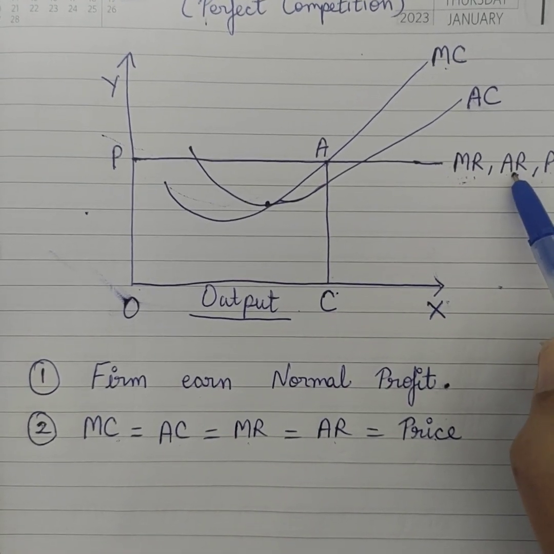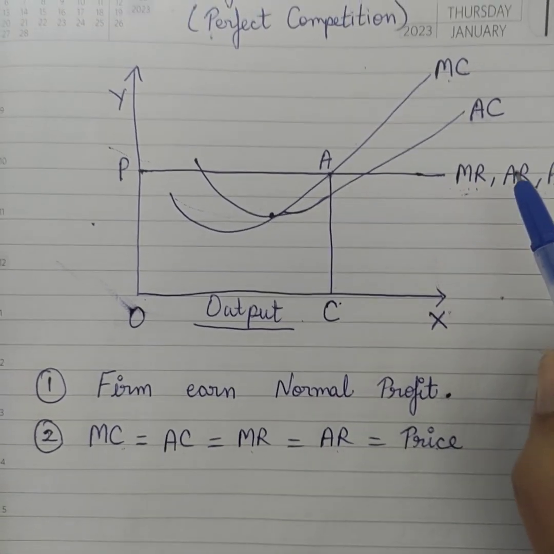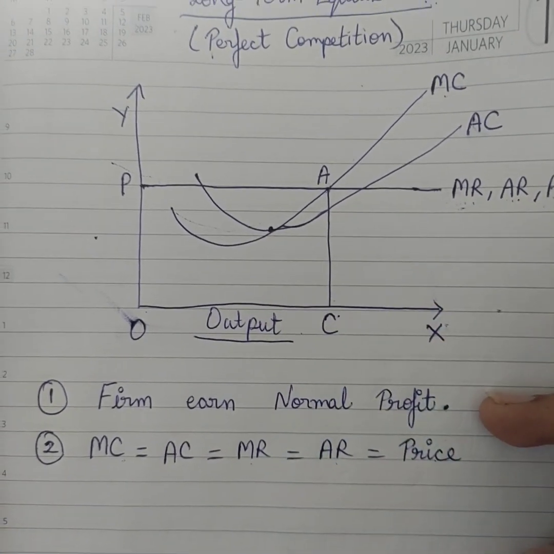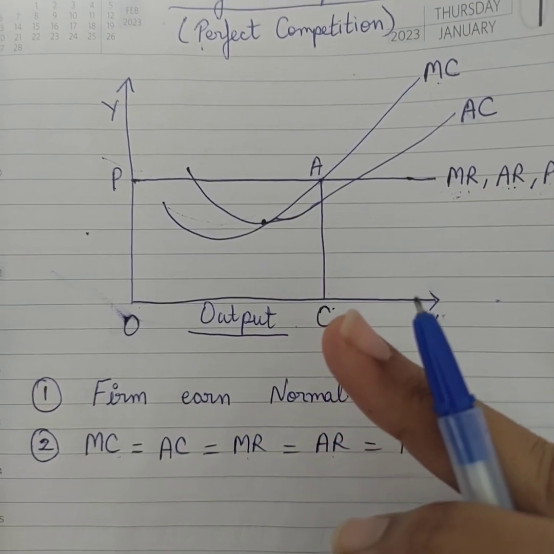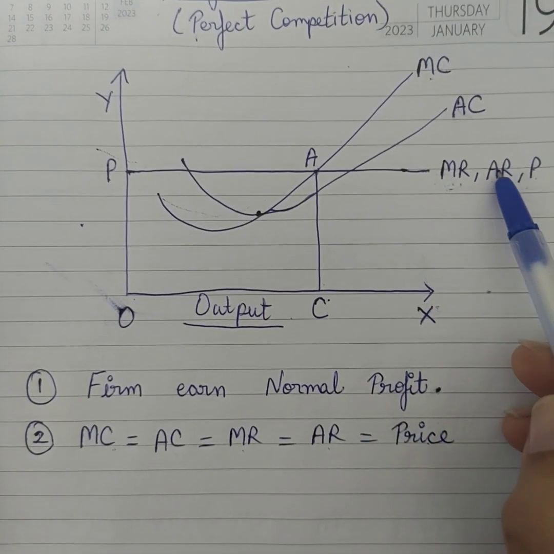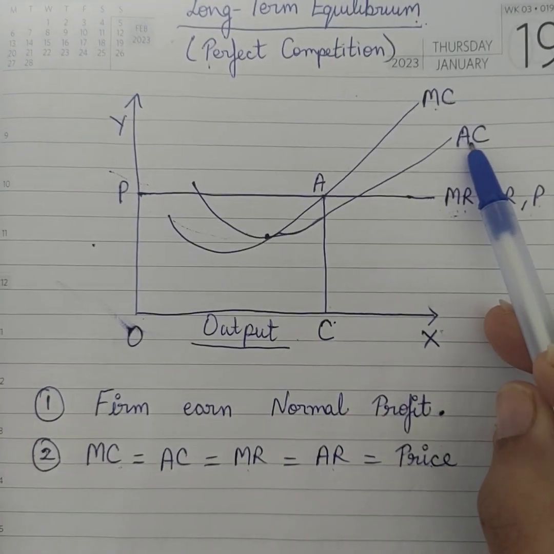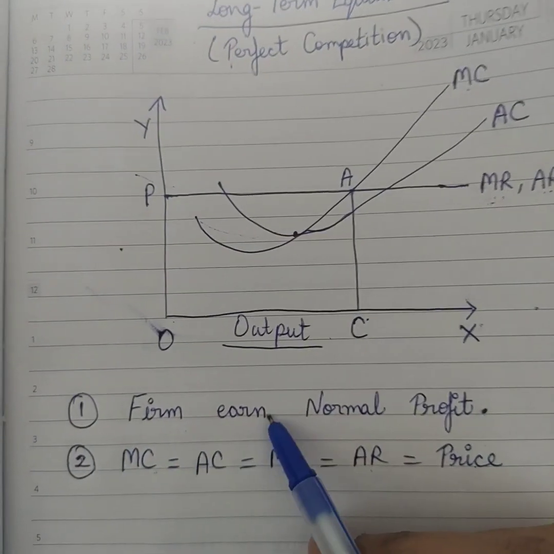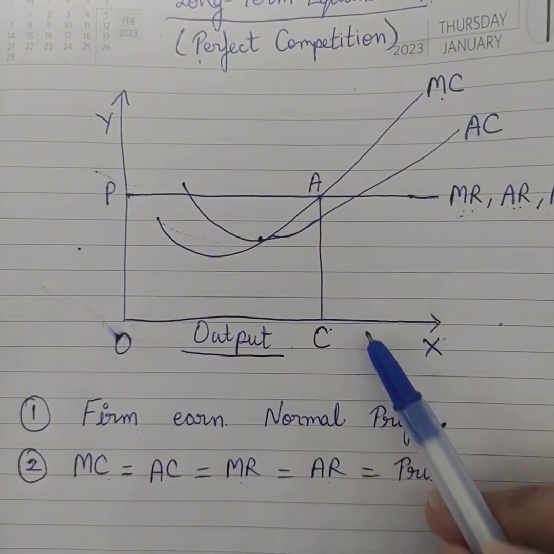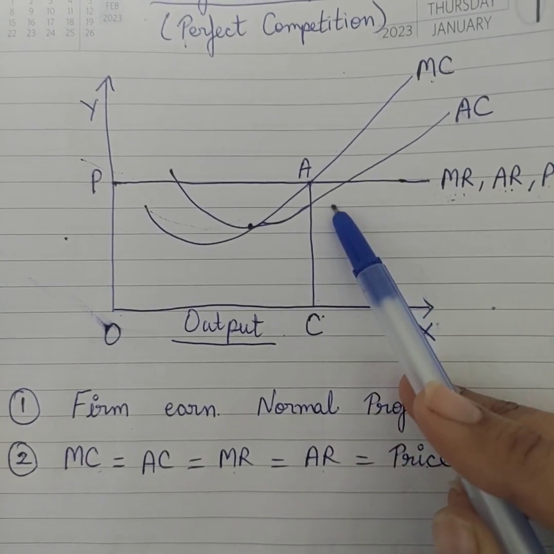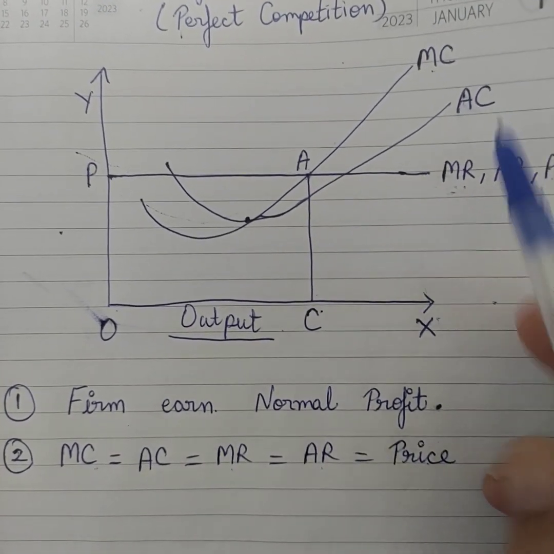And in normal profit, as I told you earlier, average revenue is equal to average cost. We are talking about normal profit. This is the condition: I've written here that the firm earns normal profit in long term equilibrium. So in normal profit, average revenue is equal to average cost.